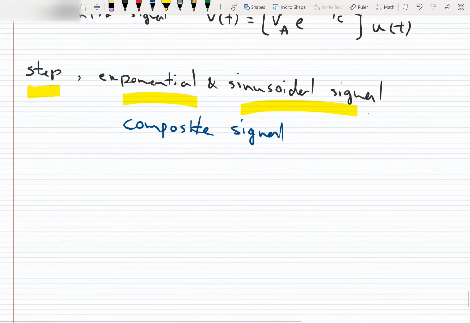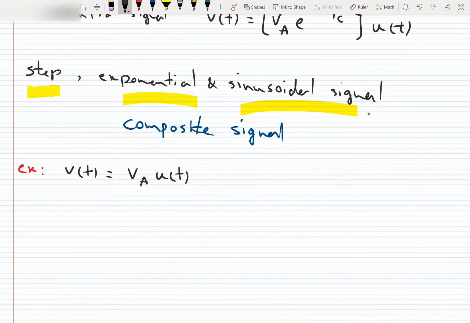Okay, so let's see some examples. For example, here we have this signal v of t is equal to VA u of t minus VA u of negative t.